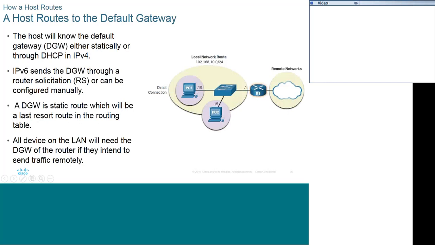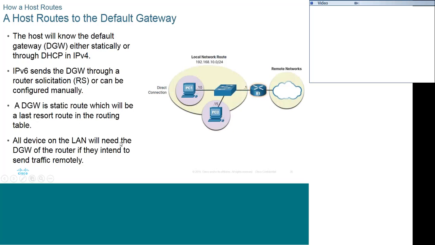As we have said, the default gateway can be configured either statically or through DHCP in IP version 4. You can use a static configuration or a DHCP server. The same thing applies to IP version 6. The default gateway is a static route which will be the last resort route in the routing table.